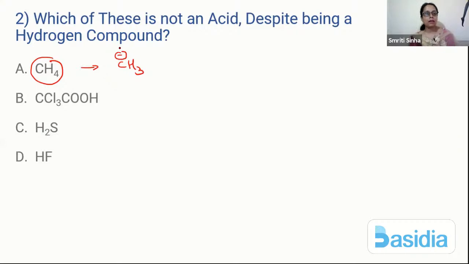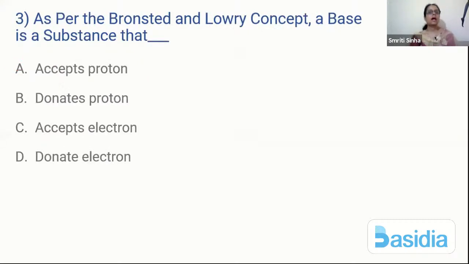It won't let its hydrogen be lost in any case, and therefore alkyl groups are very weak acids, and therefore here the answer is option A. Next, as per Bronsted and Lowry concept, a base is a substance that, as I have told you, according to Lowry and Bronsted concept, a base is any substance which accepts H plus from the other. So the answer is option A.